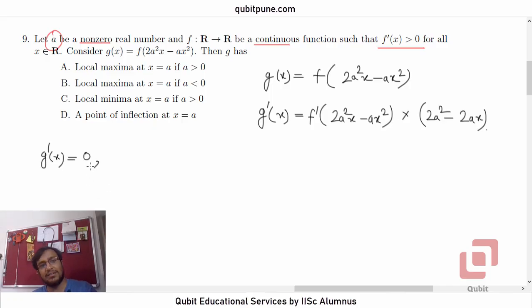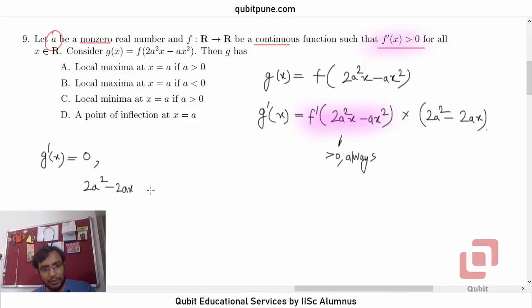If g dash of x is equated to 0, observe that this part, f dash of anything, is always going to be positive. No matter what value you plug in, it is always going to be positive. So the only possibility for g dash of x equal to 0 is 2a squared minus 2ax equal to 0.